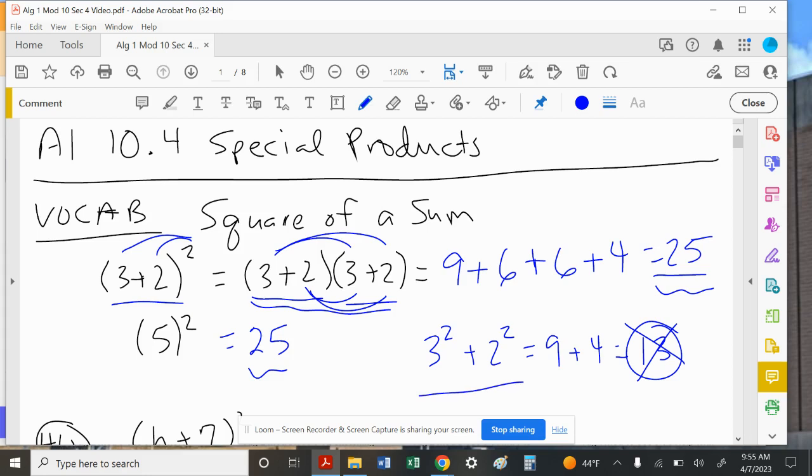The reason why we can't do that shortcut, which I emphasized last time, is because of this plus sign right here. So if I have a plus sign or a minus sign, I can't do this type of shortcut. If it's multiplication or division, I can. That's what we learned in an earlier lesson.